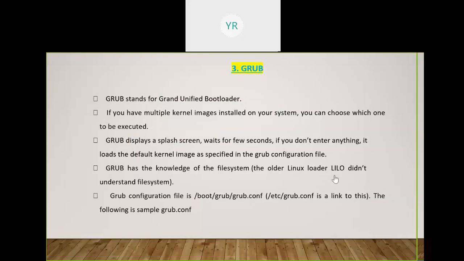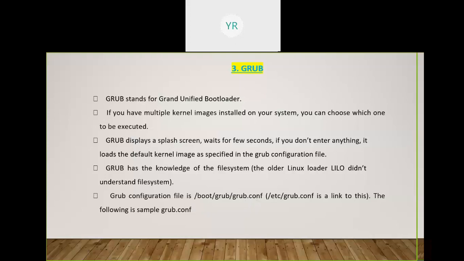LILO, Linux loader, doesn't understand the file system, whereas grub can understand the file system. That is the updated version compared to LILO. Okay, so the configuration file for grub is grub.conf. I will show you what is that grub.conf. I will show one by one.